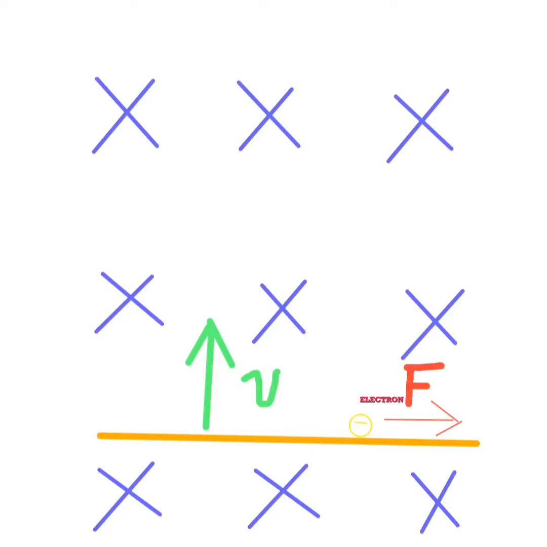And there's your force on the electron to the left. Well, something interesting happens. All the electrons in this wire feel a force to the left. So, of course, all those electrons are going to get pushed to the left and sort of congregate over on the other side. I'm going to draw that in for you in just a moment.